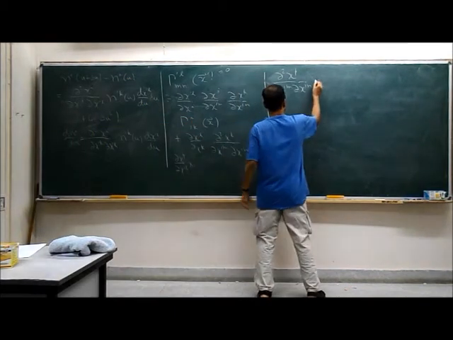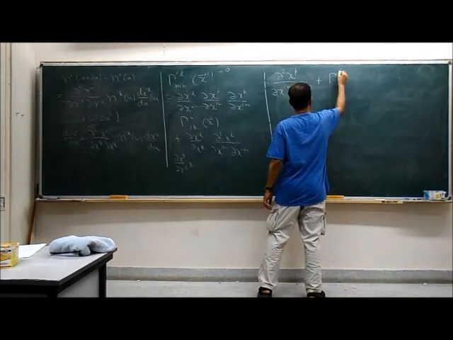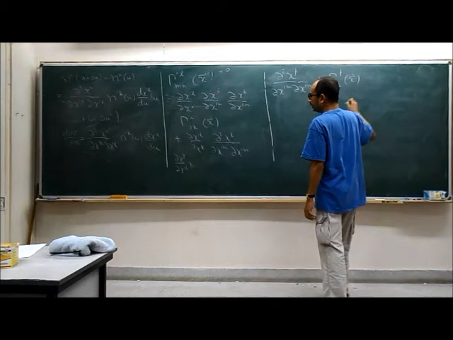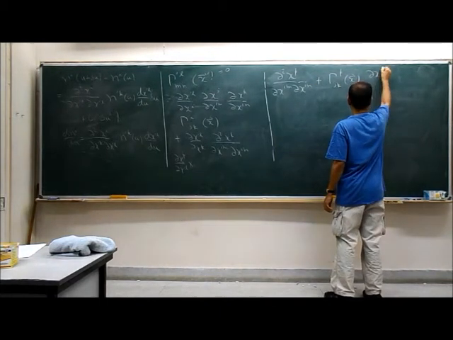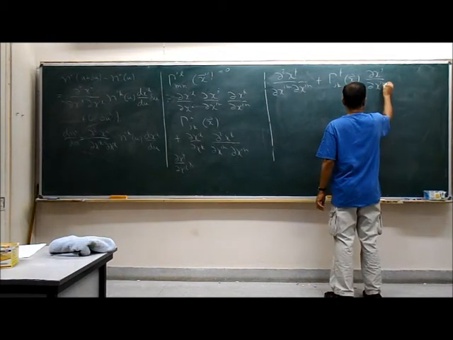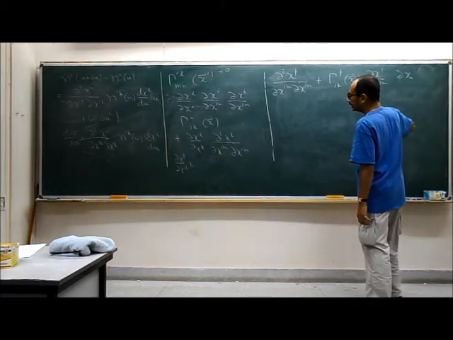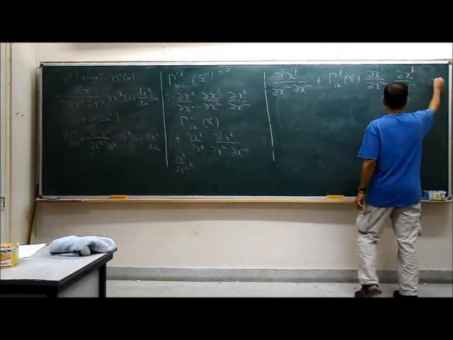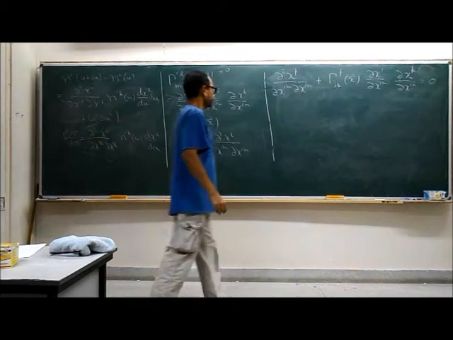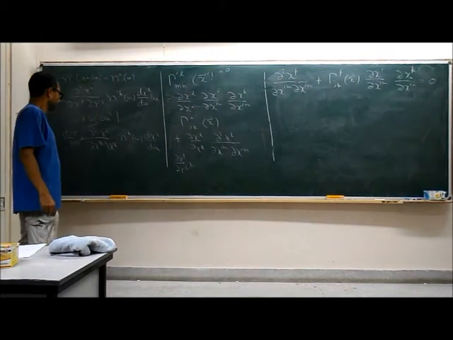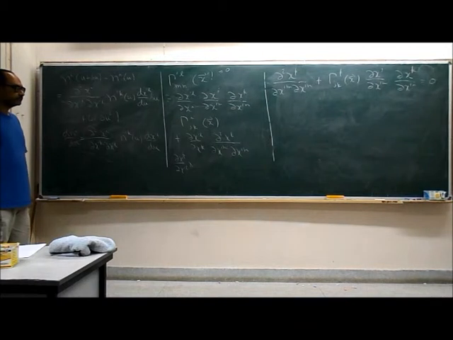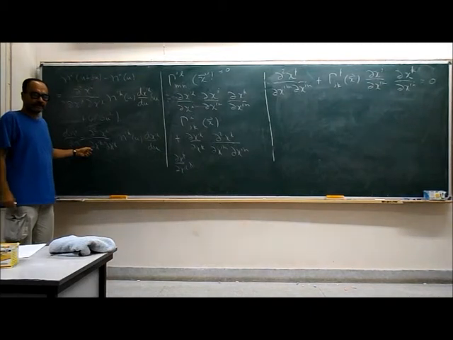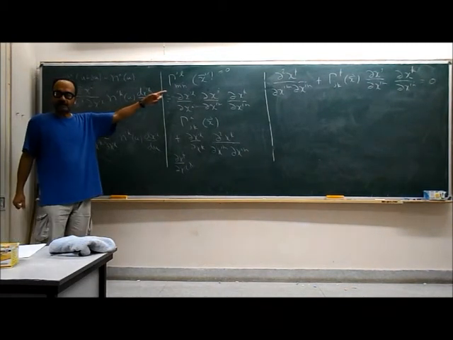So plus gamma p j k of x times del x j over del x prime m, del x k over del x prime n, of 0. So this we know now how to deal with, right? We just use that to substitute.